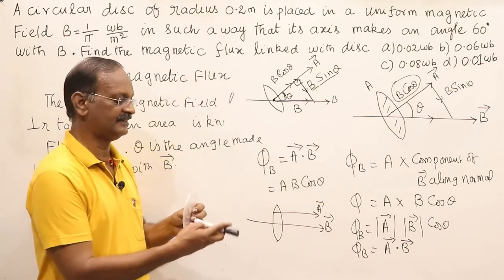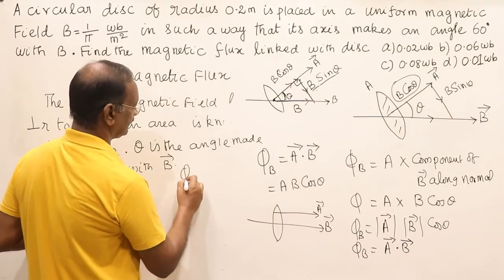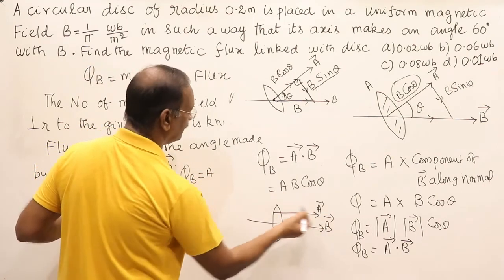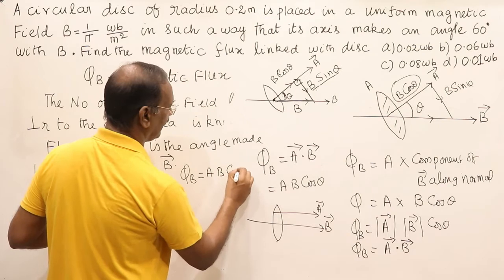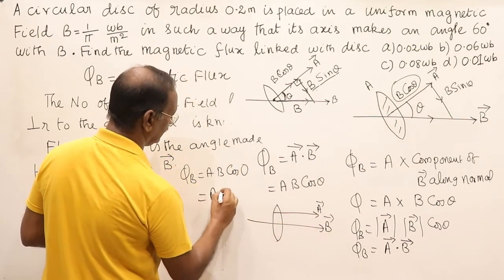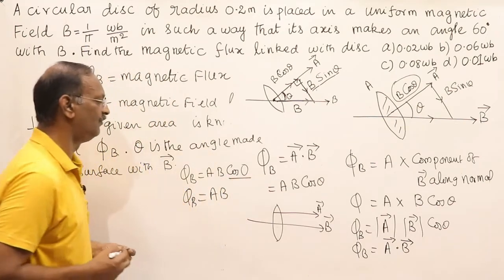If the surface is like this, this is the normal vector. So flux is equal to magnitude of A and magnitude of B and cos of the angle between A and B. Angle between A and B is 0, so flux is equal to A into B. So this factor becomes 1.